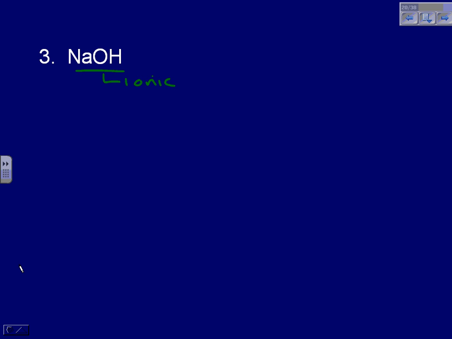And if you're starting with an ionic compound, you first have to dissociate it, in other words, separate into its ions. And then we need to take a look at what those ions are going to do in the water. Therefore, dissociate it first. You always do that when given an ionic compound.